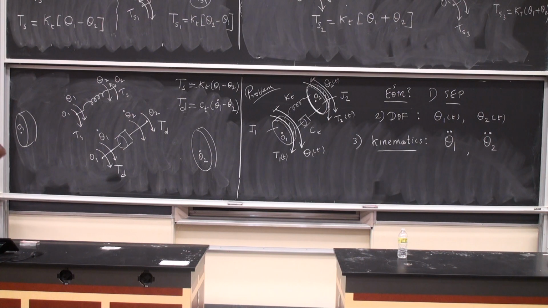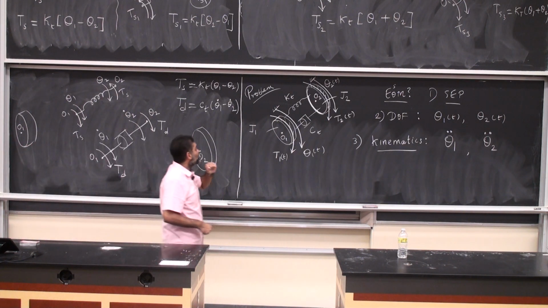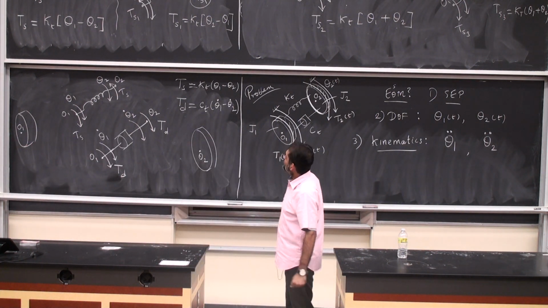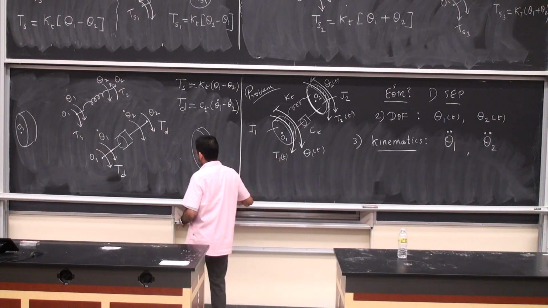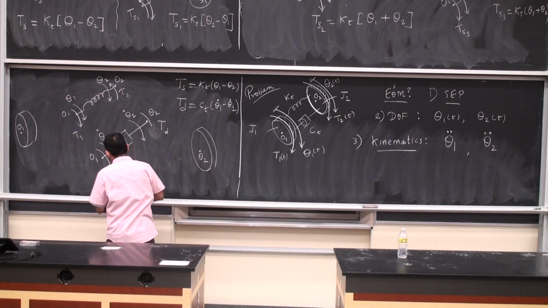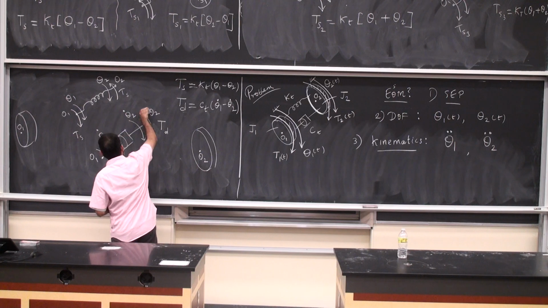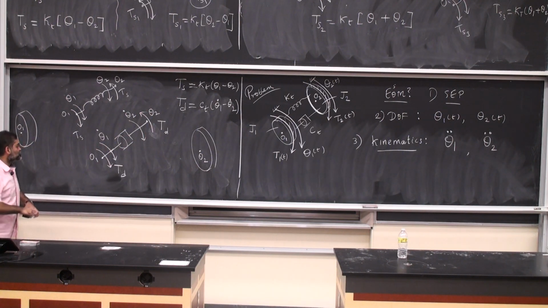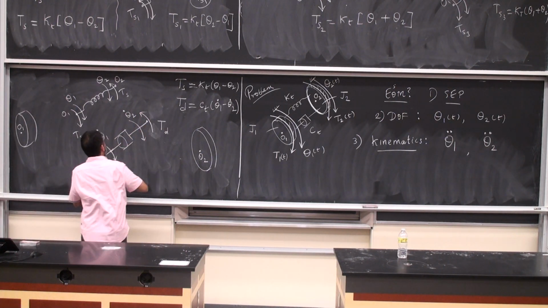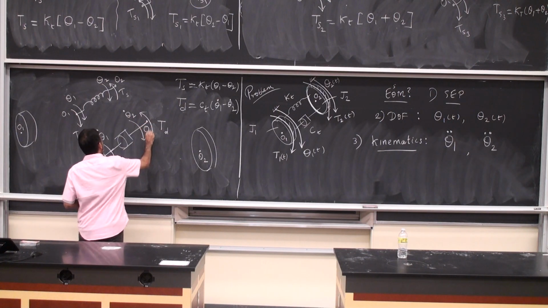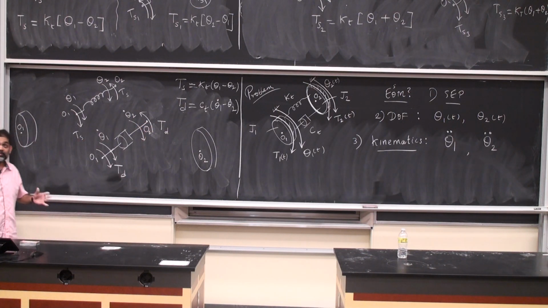On the spring, yes, question. Why is your TD going in the same direction as the angular velocity? Oh, thank you. That's O2, not theta 2. This is O2. All right.